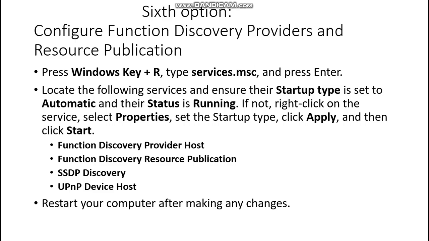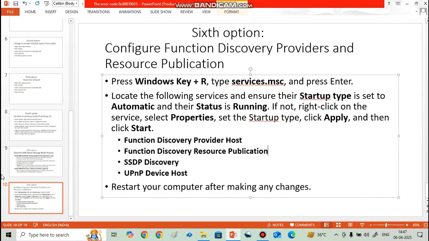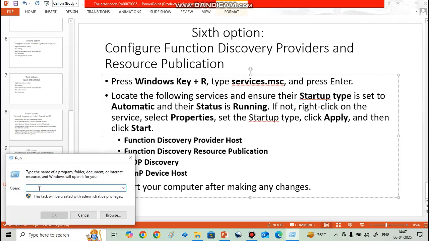Another possible solution is to configure Function Discovery Provider Host and Function Discovery Resource Publication. Press the Windows button and R together on your keyboard. Write services.msc in the Run option and click OK.